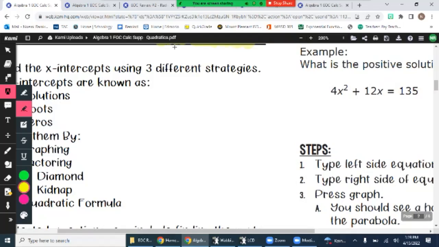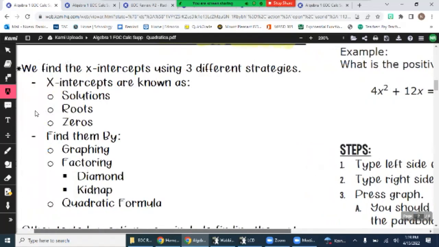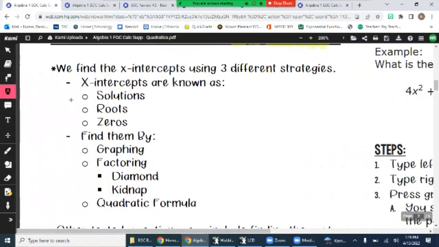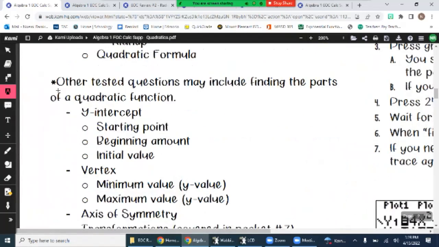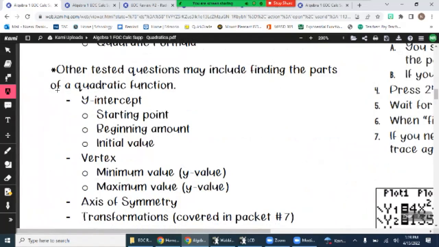Remember, to add things, they have to be like terms, and these are not. The only way to solve for x for any quadratic is by factoring, or by using the quadratic formula, the one that most of us are not comfortable with anyway. But good news, once again, there is a calculator trick for each and every one of those.